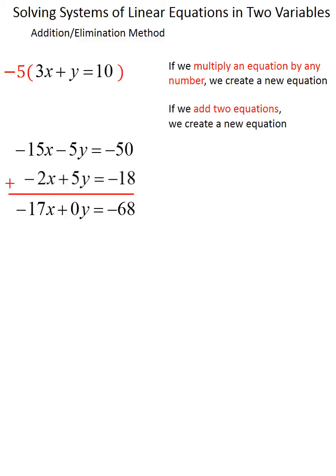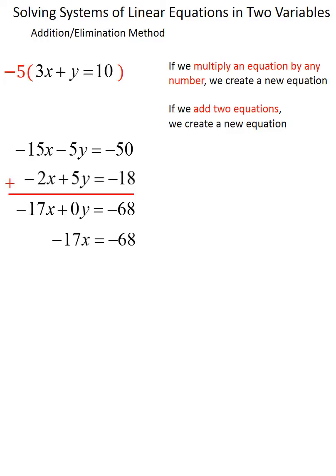I get a 0y term. And that term basically vanishes because while I don't know what y is, I do know what 0 times y is. It's 0. And 0 plus negative 17x is negative 17x.